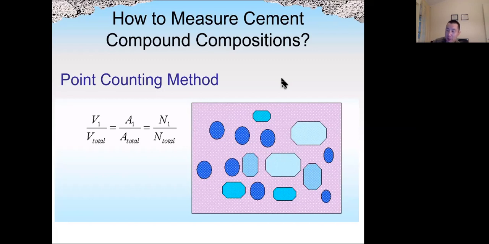One of the methods we discussed before is what we call the image analysis method, where we take a picture of a cross section of cement clinker, and based on the color and also the shape of different components. For example, this is a cross section of cement clinker.